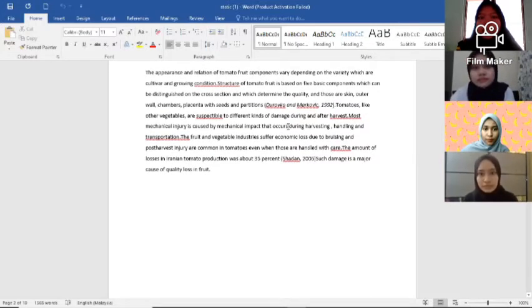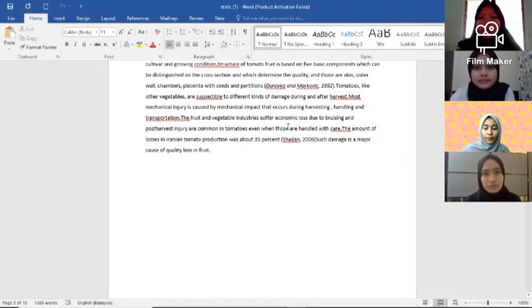The appearance and relation of tomato fruit components vary depending on the variety, cultivar and growing condition. Structure of tomato fruit is based on 5 basic components which can be distinguished on the cross section and which determine the quality, and those are skin, outer wall, chambers, placenta with cysts, and partitions.